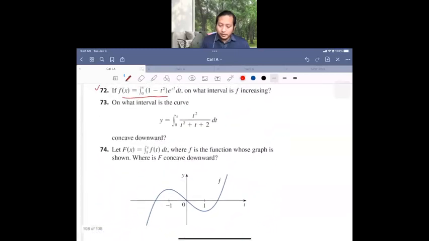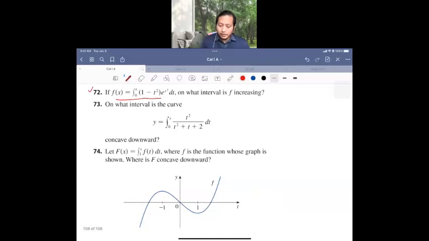Okay, now we can start 73 or 74, up to you. Which part you want to check?